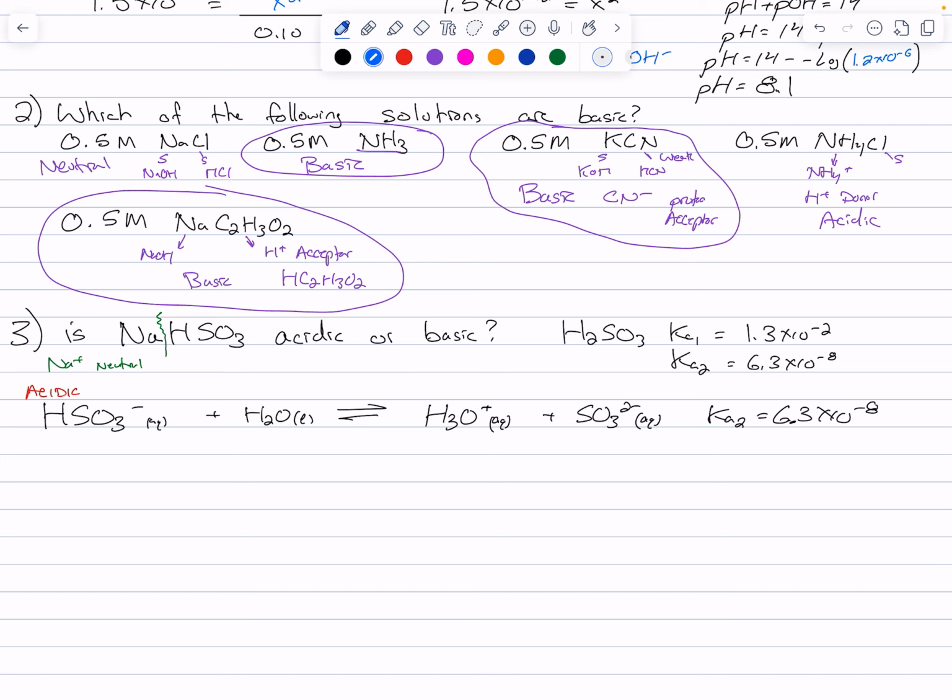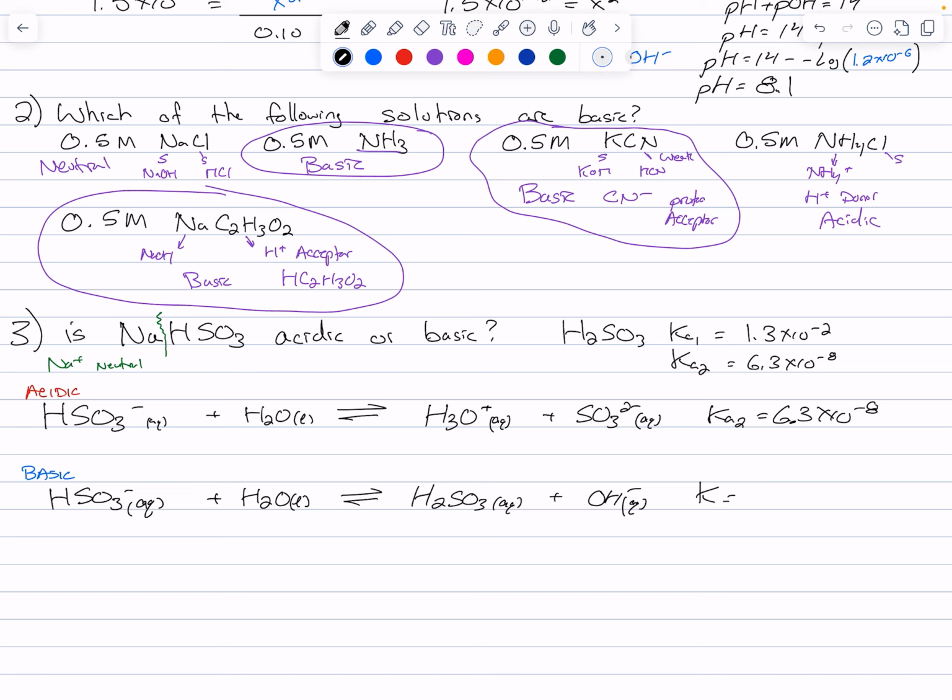However, basic can also happen. What do you mean? Well, HSO3 minus, hydrogen sulfite with water. Could it not go back to H2SO3 and hydroxide? I believe it can do that, don't you? So if it can do that, what's the value?